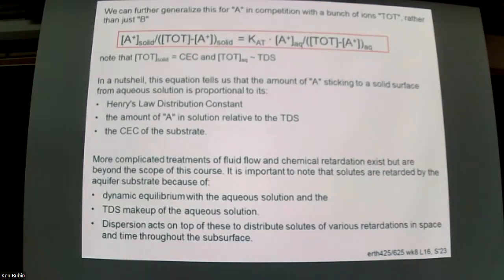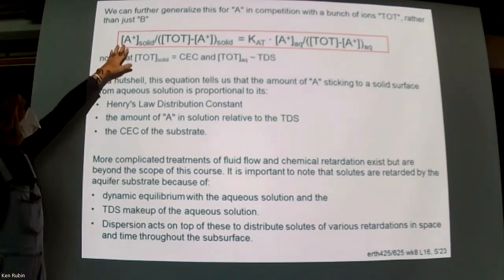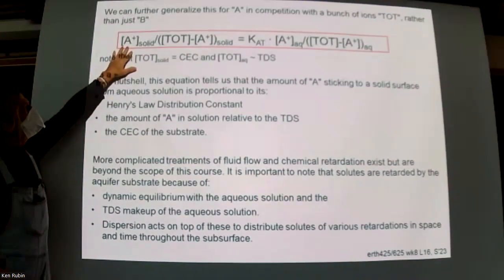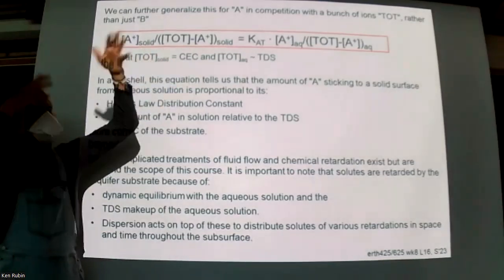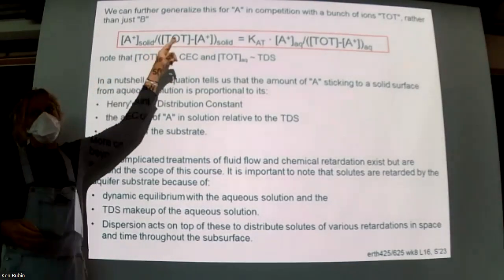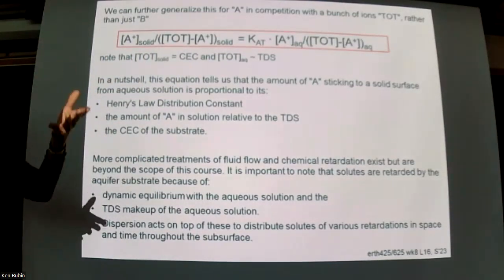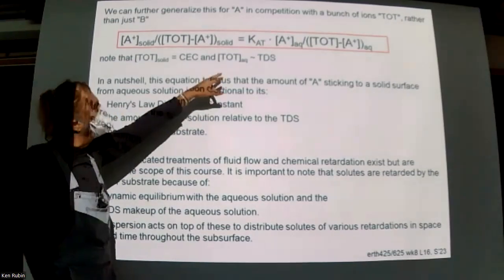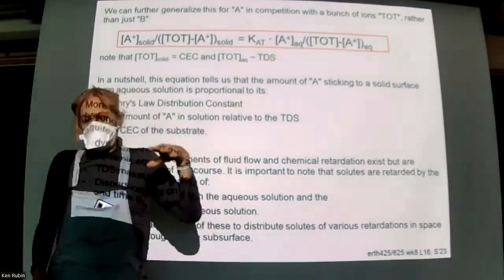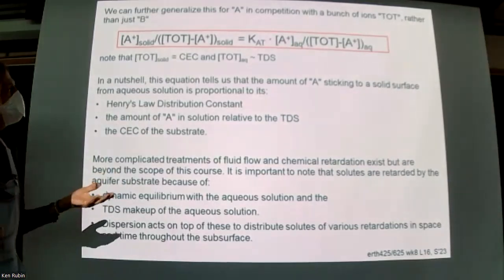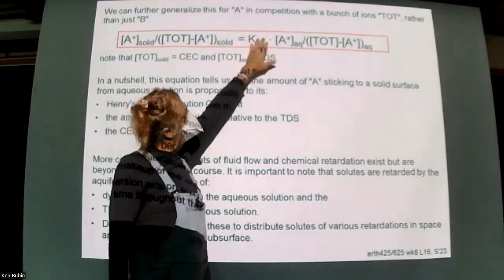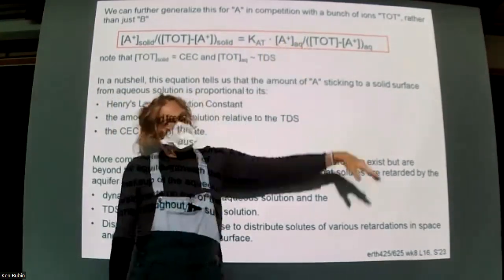And we derive yet another equation, for the amount of A that's stuck to a solid divided by all the ions in solution minus the amount of A that's stuck to the solid, meaning everything else that's stuck to the solid, is going to be some other distribution coefficient, A relative to the total, times the amount of A that's in solution and all the other things in solution.